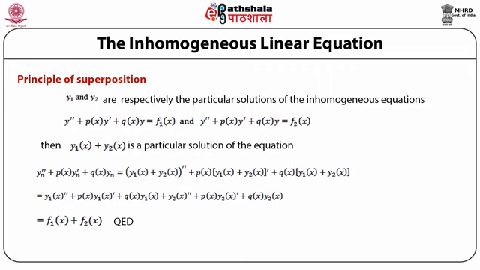This is equal to the double derivative of y1 of x plus p of x times the single derivative of y1 of x plus q of x times y1 of x, plus the double derivative of y2 of x plus p of x times the single derivative of y2 of x plus q of x times y2 of x.